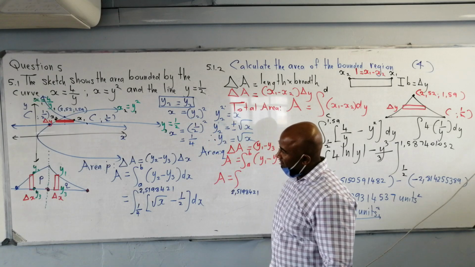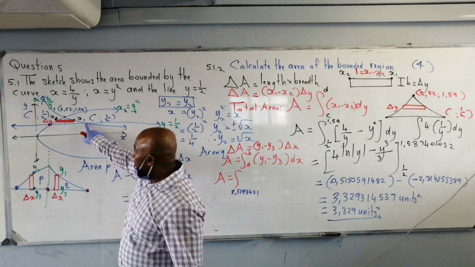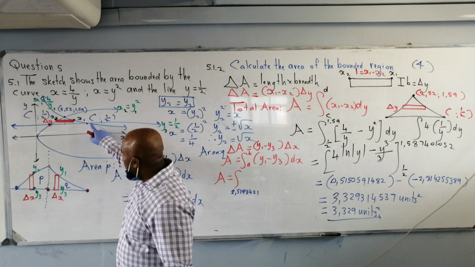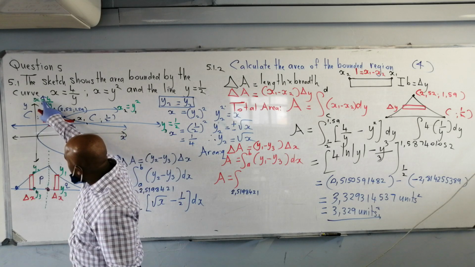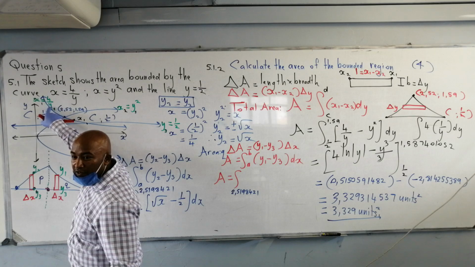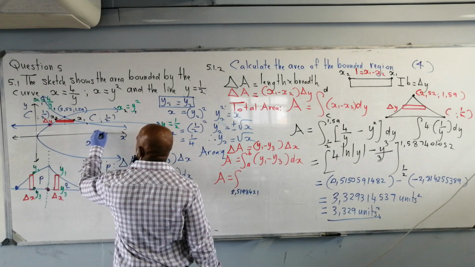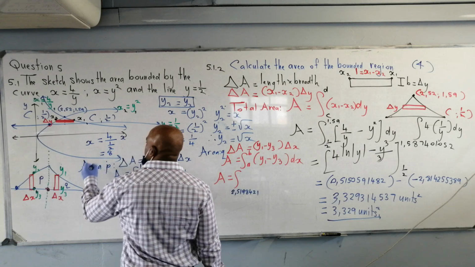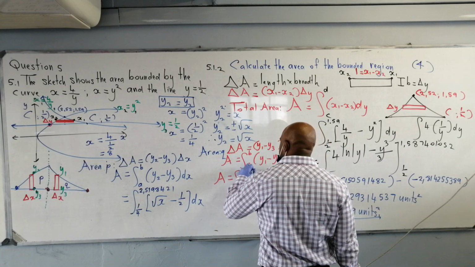What is x then? So if I know that y is equal to half, I need to find x, so I substitute y equal to half into this curve here. X is equal to 4 over y. Right. So I know that x is going to be equal to 4 over y, with y equal to half, which is equal to 8. So there's my 8 here.